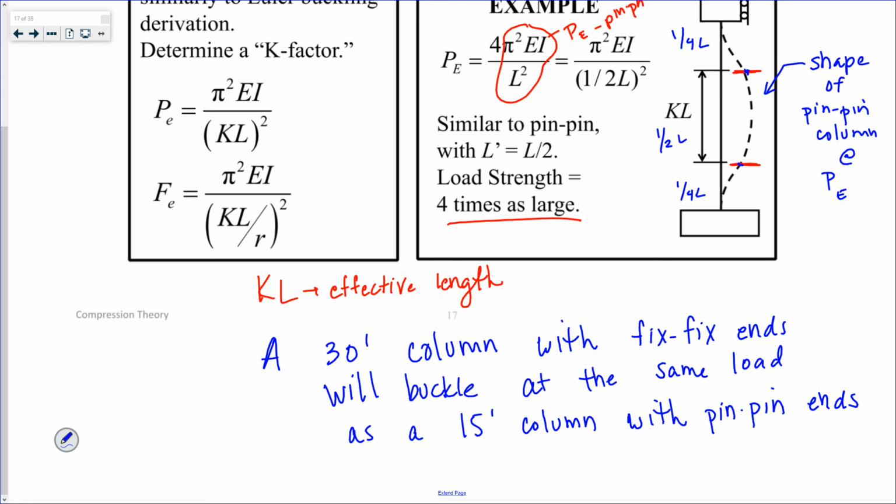So if you make your ends fixed, you can have a higher load strength for the same height column. Or if you have fixed ends, you can make a longer column for the same load strength.